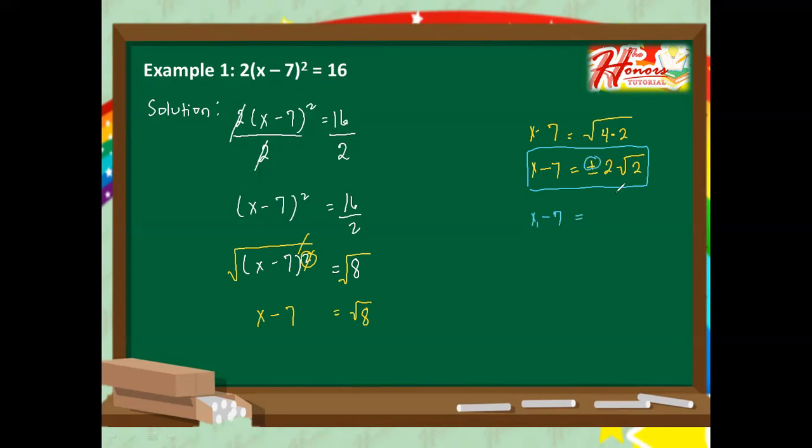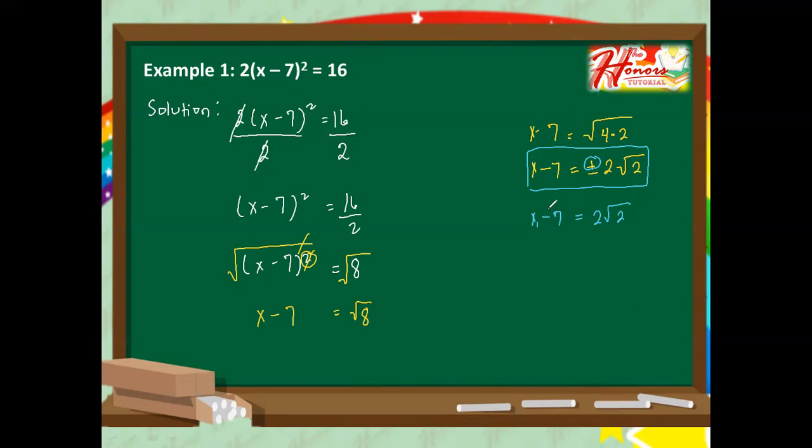So that's 2 square root of 2. As you notice, I write sub 1 in our x because we are assuming that what we are solving is the first value of x. That's why it is x sub 1.